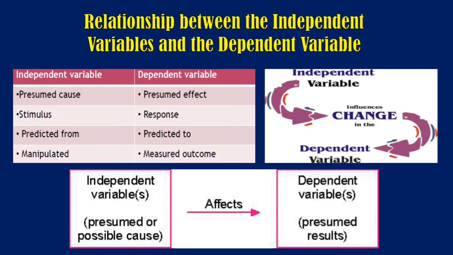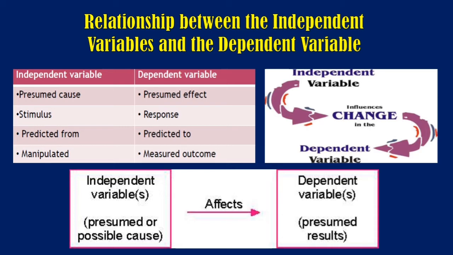As you can see on the slide, the independent variable is the presumed cause in your research, while the dependent variable is the presumed effect. Your IV is the stimulus in your problem, while the DV is the response to that stimulus.